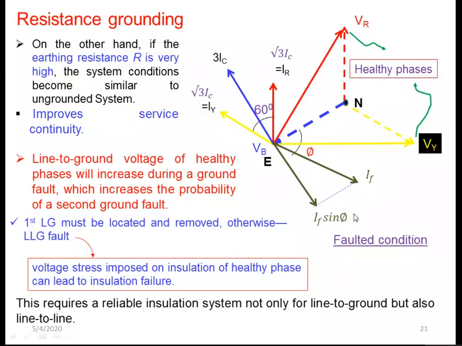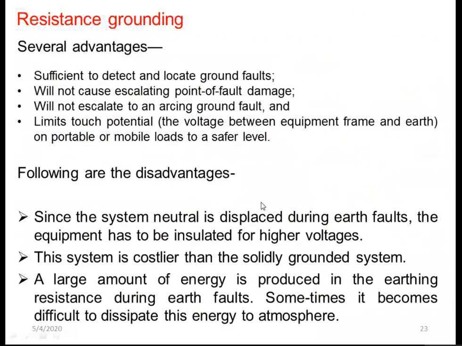So this I sine phi will cancel the charging, that is the capacitive fault current value here. So this fault current component cancels this capacitive current, and thus it can limit the magnitude of this capacitive current here, right?